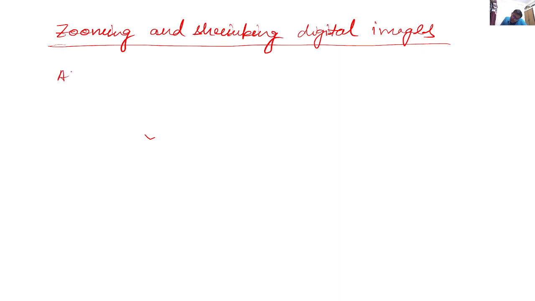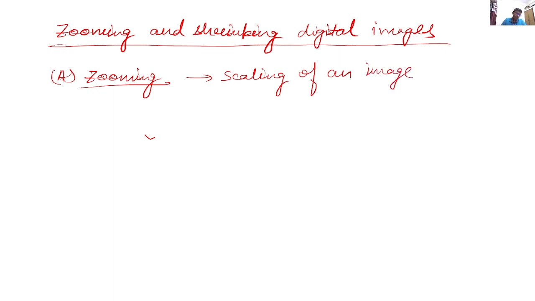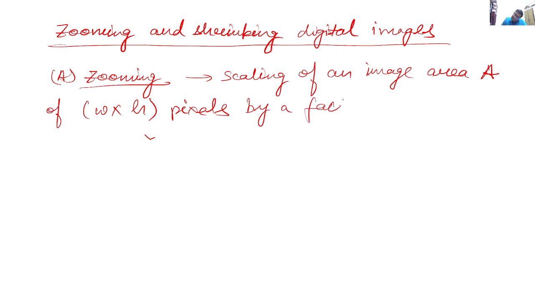So, part one is zooming, which is basically scaling of an image area, let us say A, of let us say W by H pixels, width by height, by a factor, let us say the factor is S, while maintaining the spatial resolution.